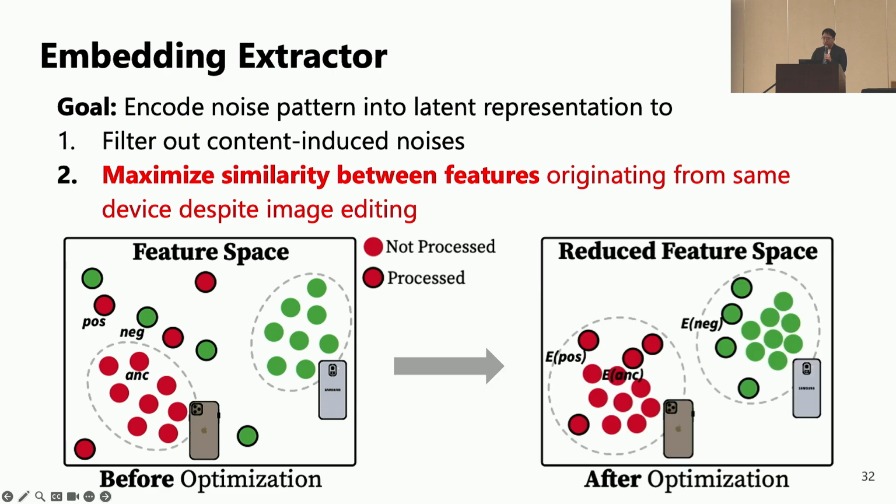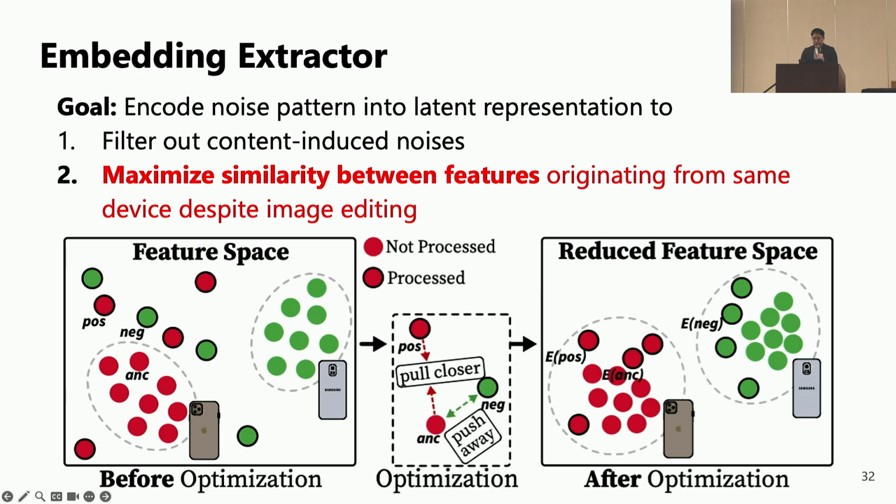So our goal here is to form 2 distinct clusters representing each device, regardless of processing or not. So triplets, in this case, help to achieve this goal by pulling together processed and unprocessed images from the same device, while pushing apart images from different devices.